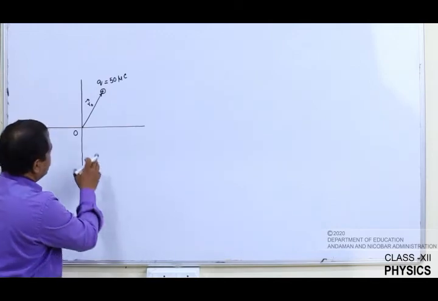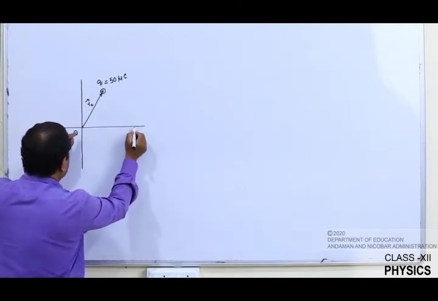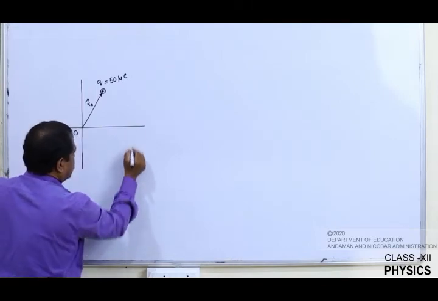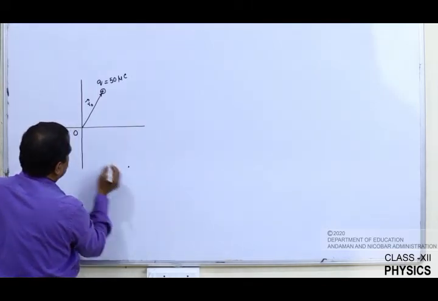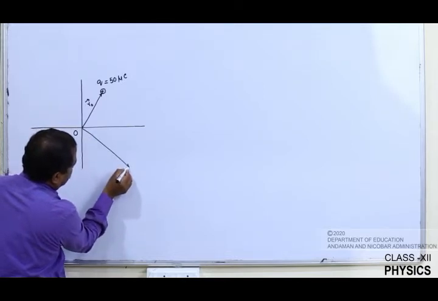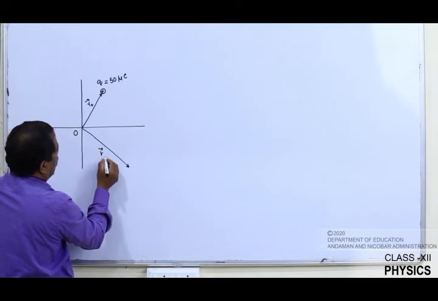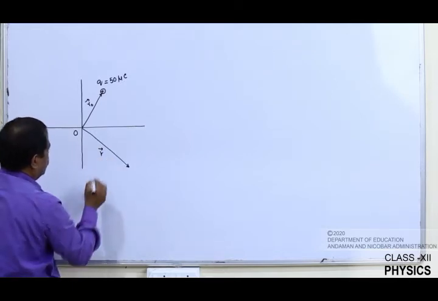If 8i minus 5j, then minus j is in this direction, so somewhere here the point is, and therefore let us say that this has a position vector of R. Let me put in the values.